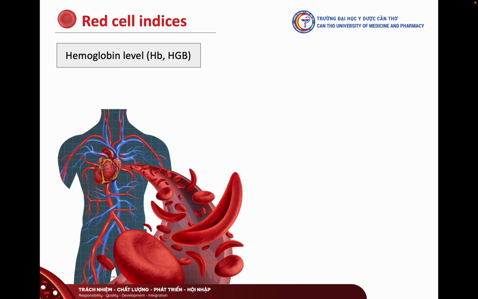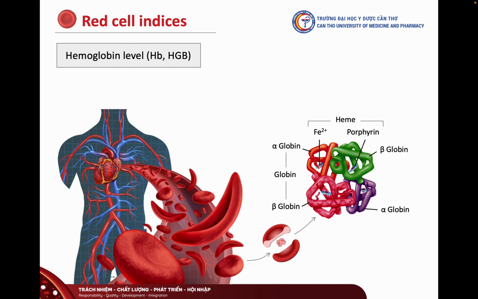Now, let's talk about the hemoglobin, or the Hb. Hemoglobin is the red pigment inside the red blood cells, and its main role is to carry the oxygen from the lungs to the tissues. Each hemoglobin molecule is made of two main parts, heme and globin.